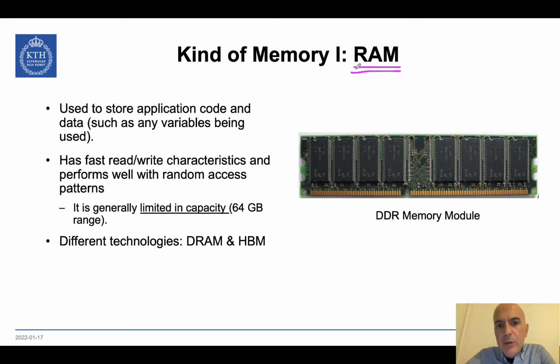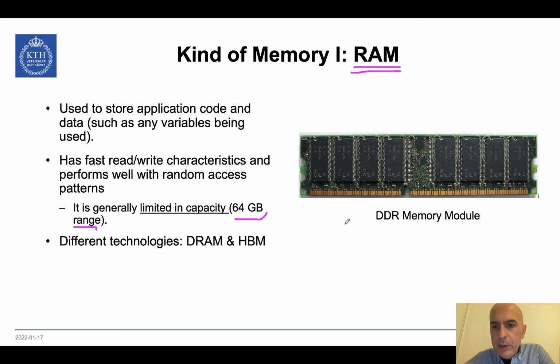One limitation of the RAM is that it is somewhat limited in capacity. Typically, the main memory capacity today is around the 64 gigabyte range. There are different technologies that have been used to implement main memory.